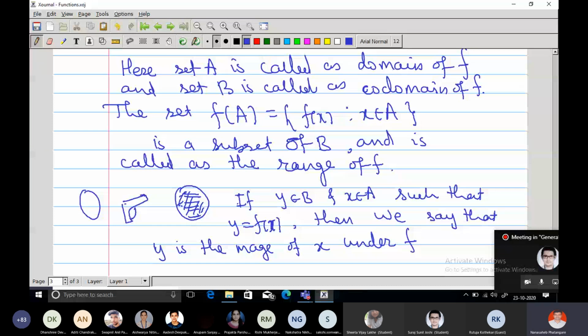If you project an element x from A, it will land here. So what is here? Y. Y is f(x). So y is the corresponding element in B. So it is a kind of projection, right? We are projecting this element in A to some element in B, which is the value of f at x, and we can say that it is the image of x under f, right? So under this function f.